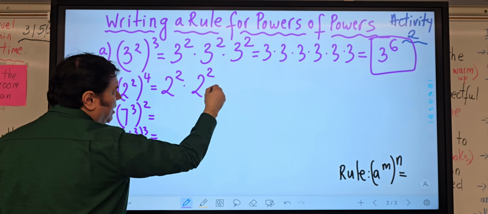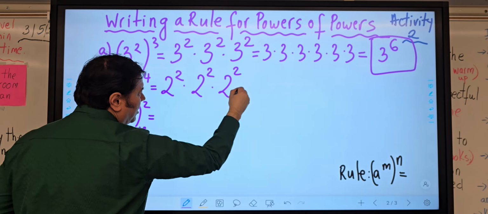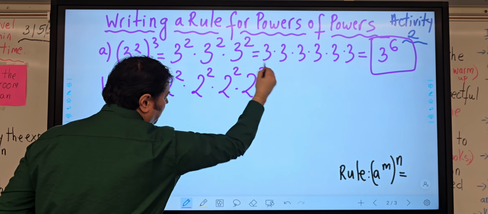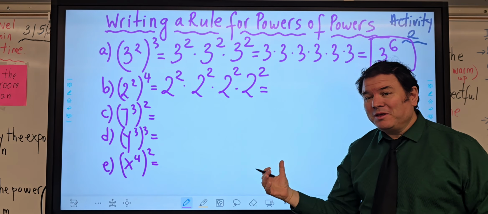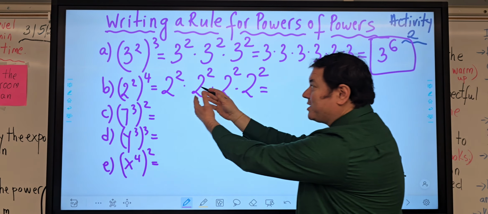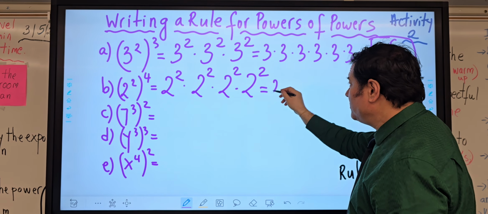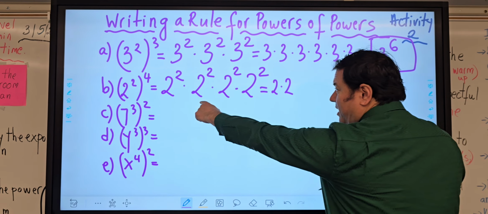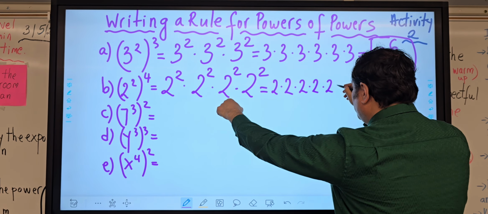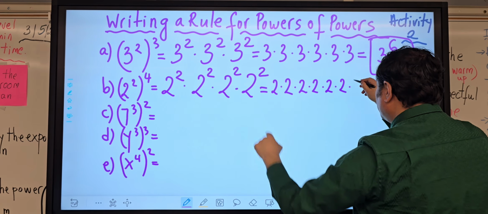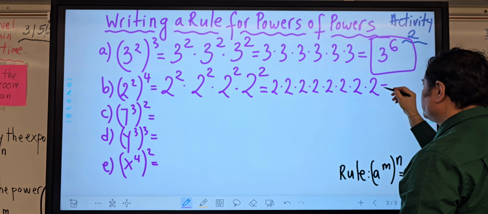Times 2 to the second power, times 2 to the second power, and times 2 to the second power. If we break it further, 2 to the second power means 2 times 2. So we have 2 times 2, and again times 2 times 2, and again times 2 times 2, and one more time 2 times 2.